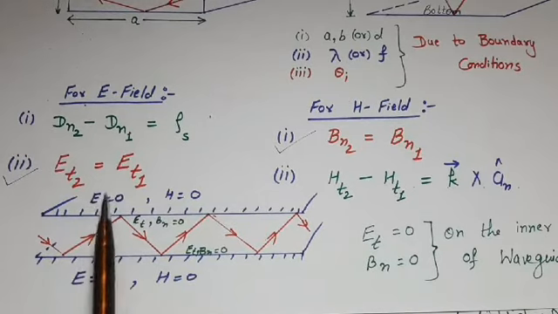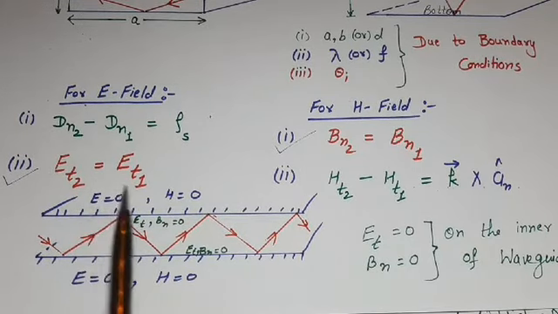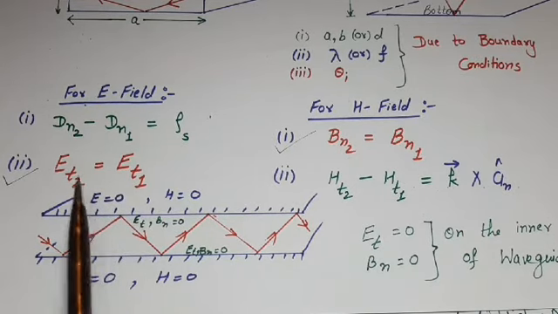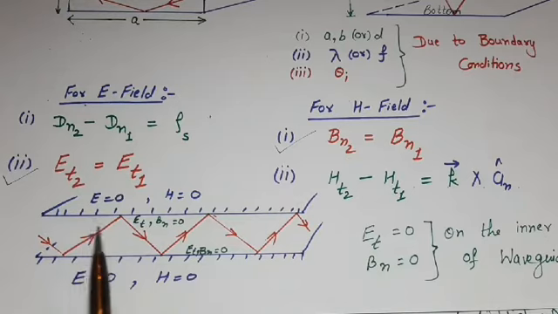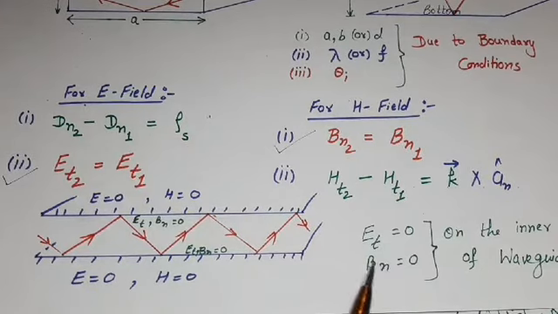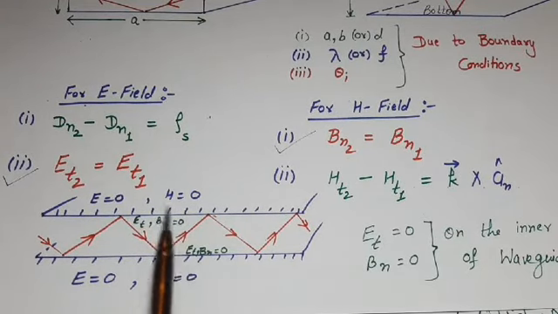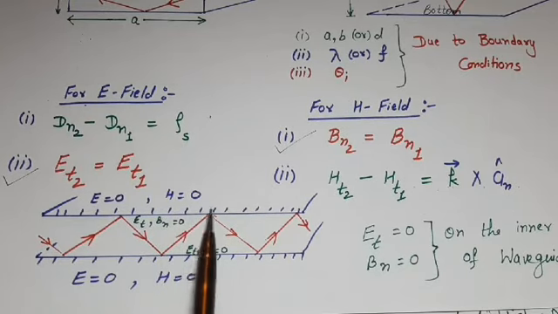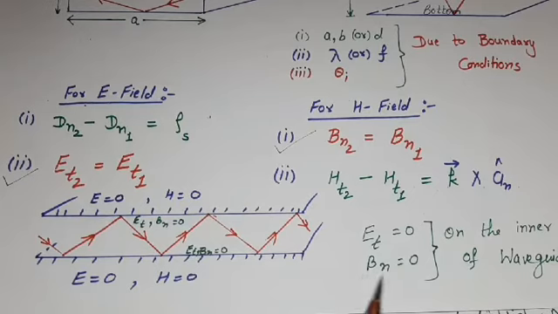Because in our case of waveguide, just after the boundary, the tangential component as well as the normal component of electric field are 0. Therefore, if we want to satisfy this condition, then the tangential component of electric field at reaching the boundary should become 0. Same is true for the normal component of magnetic field. Because just after the boundary, magnetic field is always 0. Therefore, the normal component, that is Bn1, should become 0 after reaching the boundary.